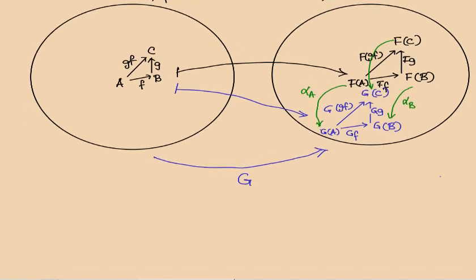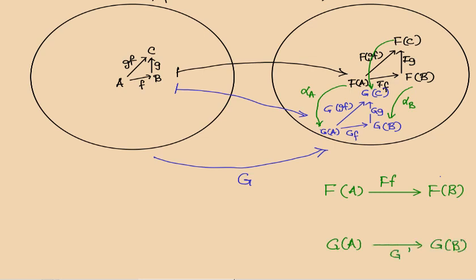That means this part of the square must commute. That means I am saying the change from FA to FB by F of f, GA to G of B by G of f, these changes must be preserved by the changes from F to G. So these must commute.